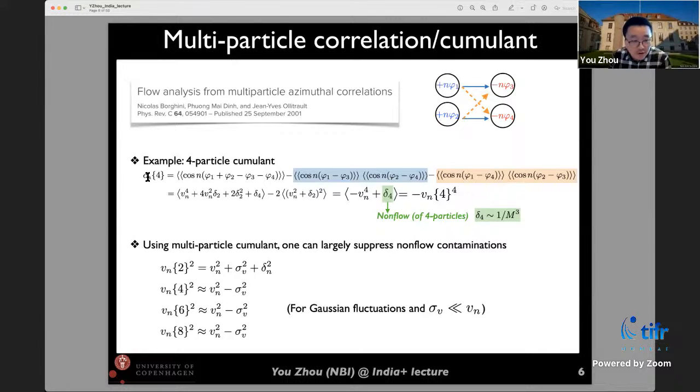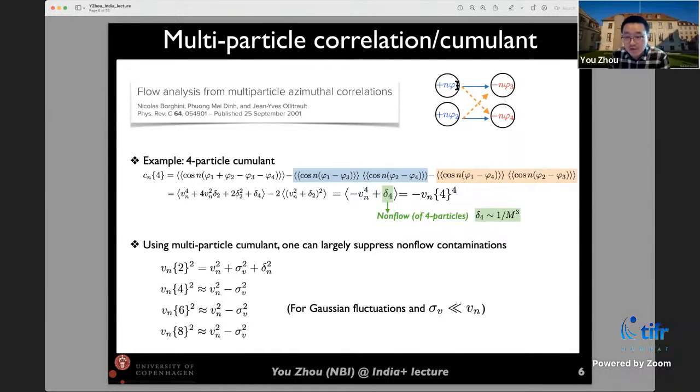So for example, here we are talking about the 4-particle cumulant for Vn. What we do is we first pick up a 4-particle correlation. So you randomly pick 4 particles from the event, and then you subtract the internal correlations. For example, here you have phi 1, phi 2 with phi 3, phi 4.